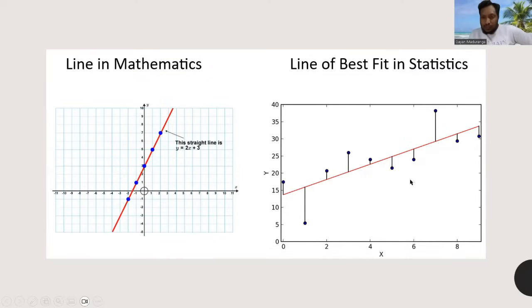The lines drawn vertically are basically the error. The red line is the line we fit, that is called the fitted line, and the distance from the line to the point is called error. In other terms, it is the residual.